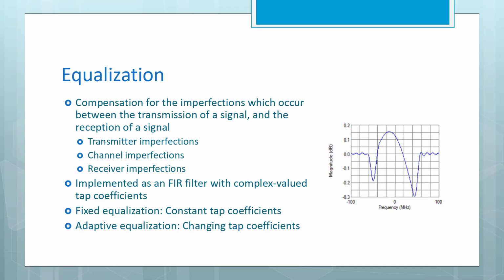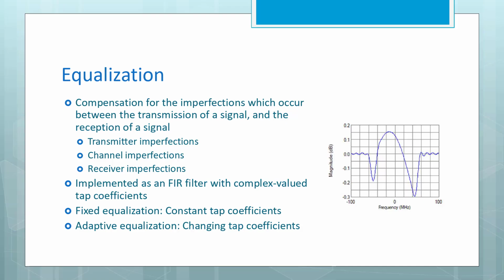Well, if an FIR filter has real valued tap coefficients, then the frequency response below the center frequency and above the center frequency are the same. They're just mirror images of each other. However, if the FIR filter has complex valued tap coefficients, then that constraint no longer applies, and there can be a different response in the negative frequency space and in the positive frequency space, like in the plot to the right.